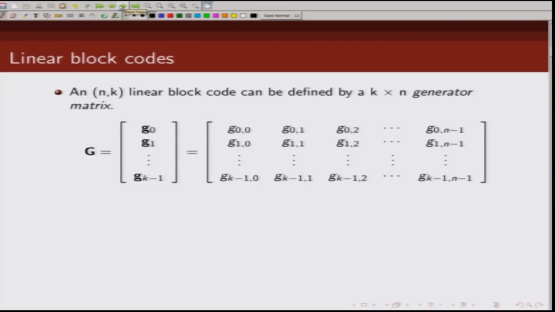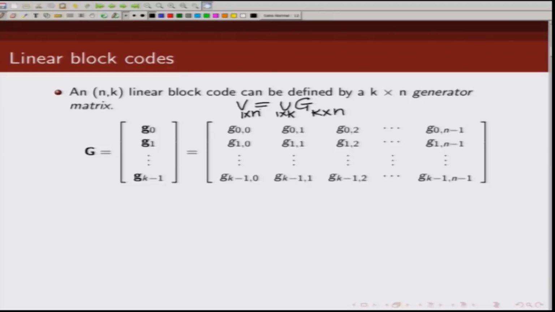So, if we denote the information bits by u and we denote our coded bits by v, then we can write v as u times G, where u is a 1 cross k vector, the generator matrix is a k cross n matrix, and our output coded bit is a 1 cross n vector.